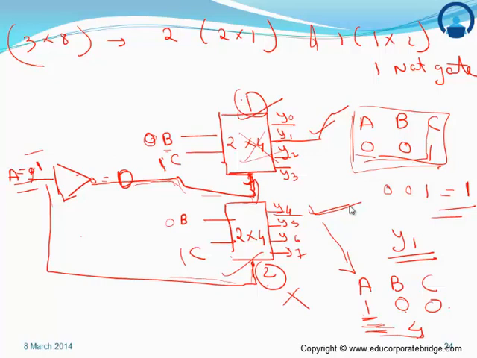Now, let's see the construction of a 4 cross 16 decoder using 2 cross 4 decoders. Construct a 4 cross 16 decoder using 2 cross 4.